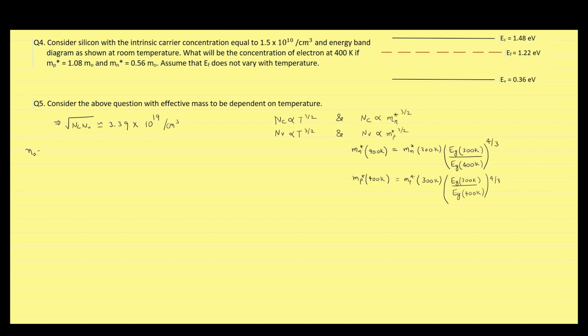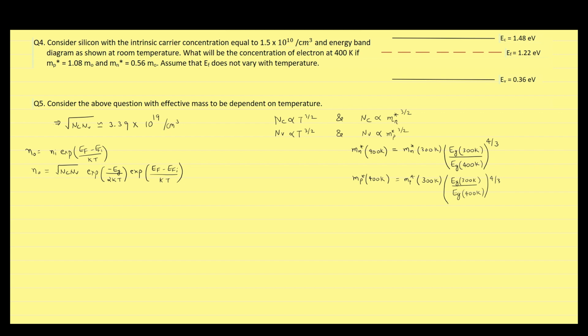We are supposed to find the value of free electron concentration n naught, which is equal to Ni exponential of EF minus EFi divided by kT. And as we have discussed in the last question also, this expression can be expanded into this expression.